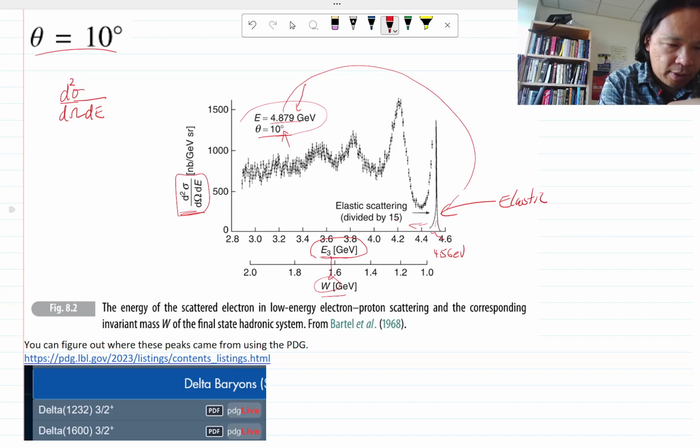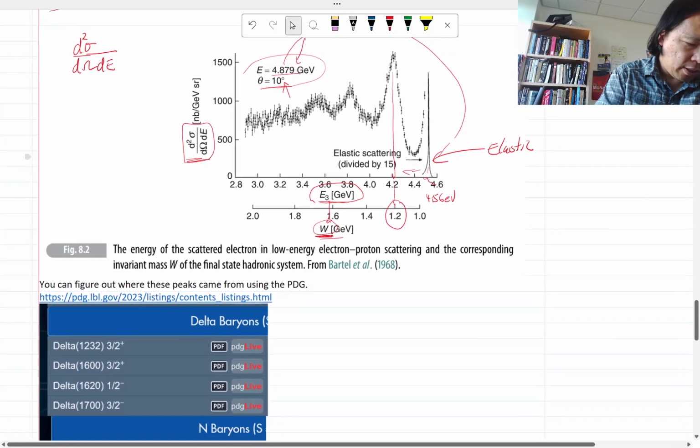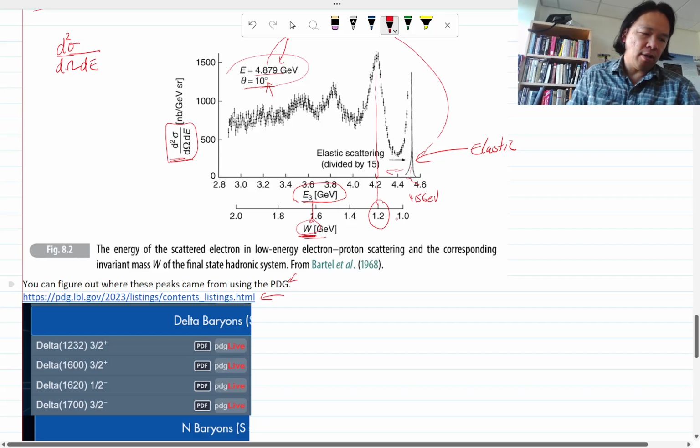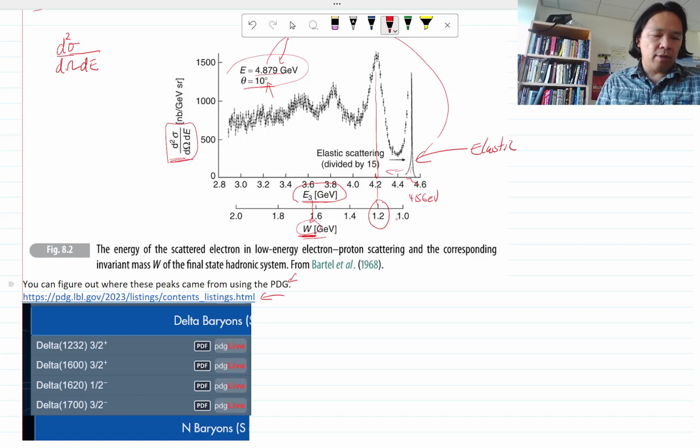As you do that, you start to see this peak here at about 4.2, okay? Well, 4.2 doesn't really mean much, but you can convert it to basically W, and you'll see something at about 1.2 GeV, okay? And why is 1.2 GeV special? If you look in this website called the Particle Data Group, which is run at LBL, actually, if you guys go to LBL this summer, I can show you where their office is, okay?